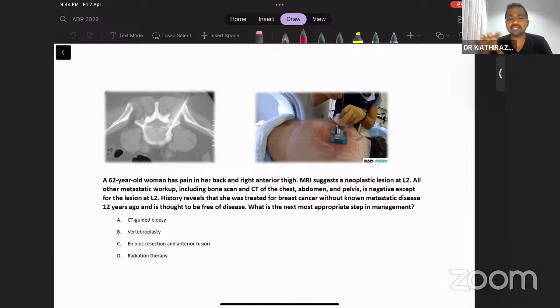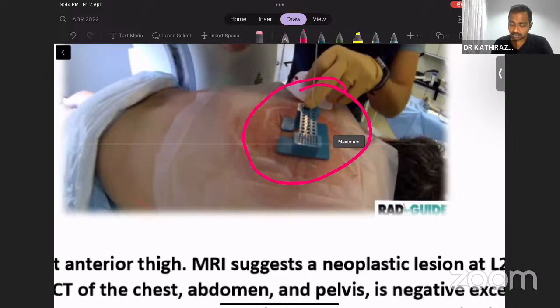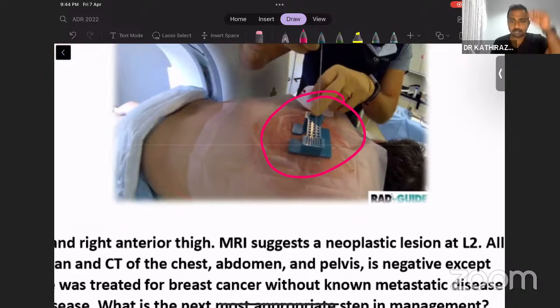The question answer is easy, but what I am trying to explain is how a CT-guided biopsy image would look, and when they are doing a CT-guided biopsy, what you can see in this image. They will use one hole; through that one hole, if they are not reaching, they have to make another hole. They have to go 1 centimeter or 2 centimeters or 3 centimeters, and doing that by eyeballing is hard.